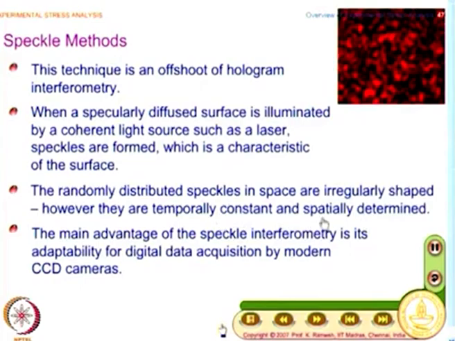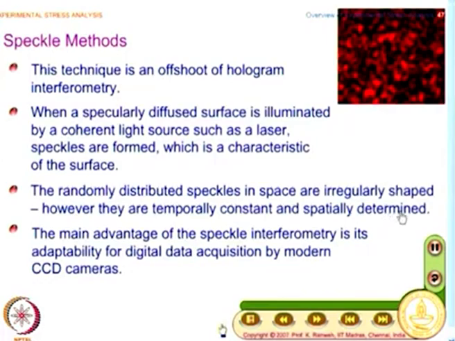If they are totally random and change as a function of time and space, we will not have speckle interferometry. You have randomly distributed speckles in space, they are irregularly shaped, however, they are temporally constant and spatially determined.